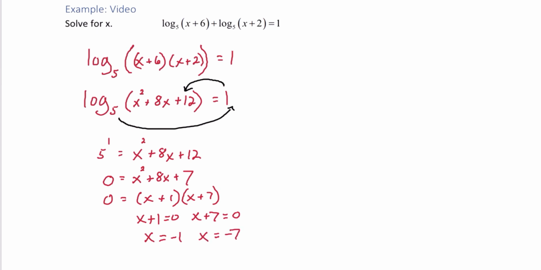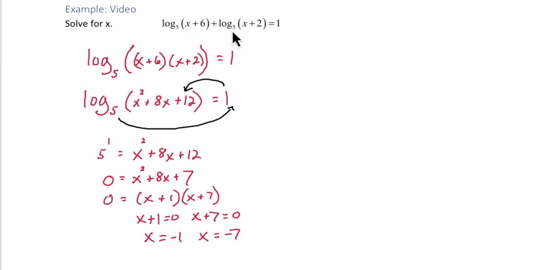But keep in mind, when solving logarithmic equations, we always want to check for extraneous solutions. One of the most common times we'll get extraneous solutions is when the argument on the original log is negative. If we plug in -1 to the original equation, you have log of 5, which is okay.